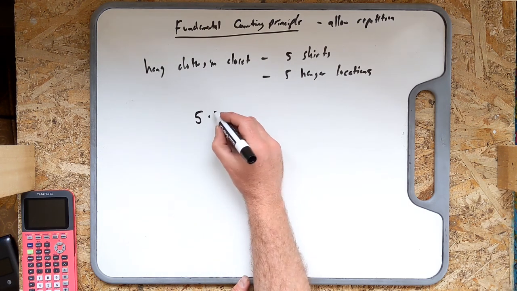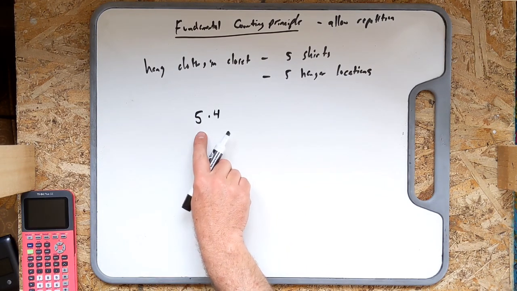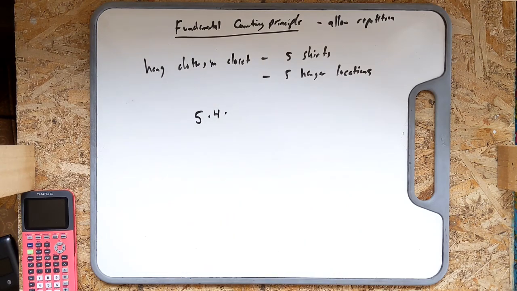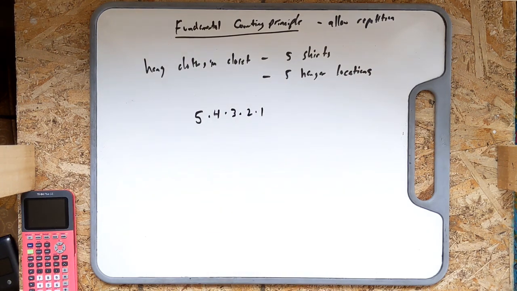So where can I put that? The next one, I have 4 different places I can put it. Now I've hung something in the first slot and the second slot. I've only got 3 slots left, and I have 3 shirts left. How many different places can I put one of those 3 shirts? The answer is 3. Then the next one is 2, and then finally 1. That was because repetition wasn't allowed.